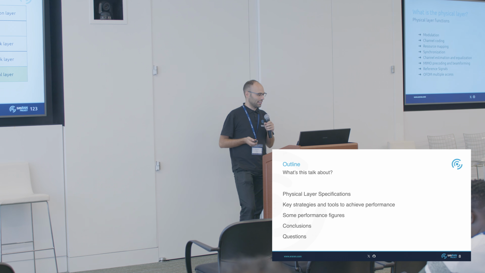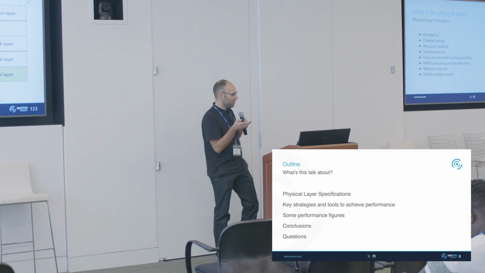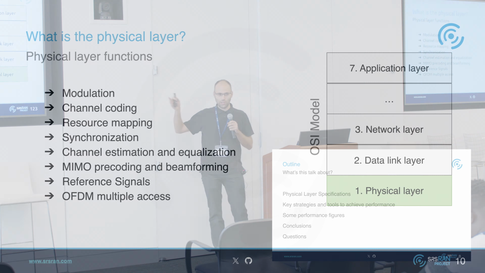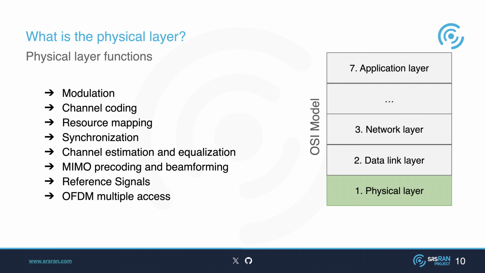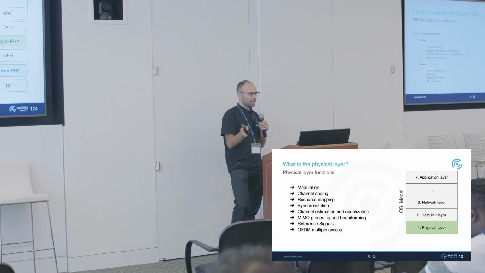OK, so we start. Well, I guess everyone knows what the physical layer is. It's at the bottom of the OSI model. It does modulation, channel coding, estimation, equalization. We all know about this. Then the question now is, what is the upper physical layer in Open RAN? Well, the physical layer is divided in 2 parts, the upper PHY and the lower PHY.